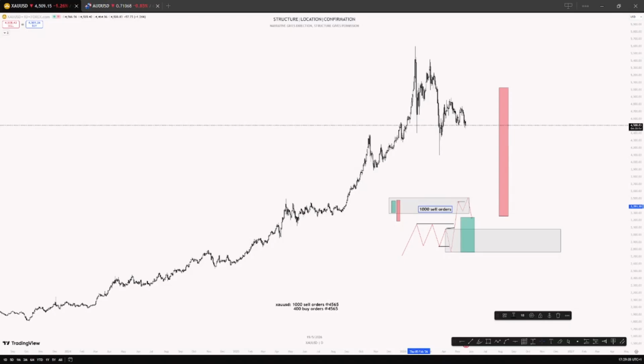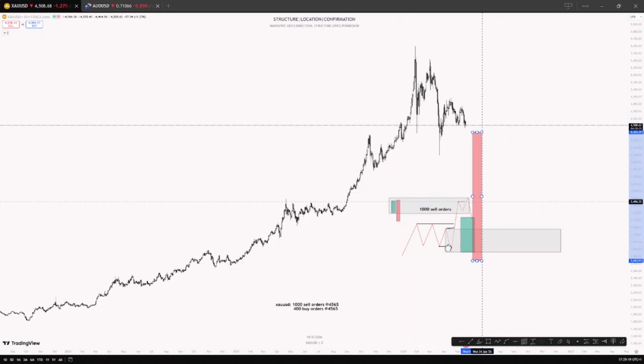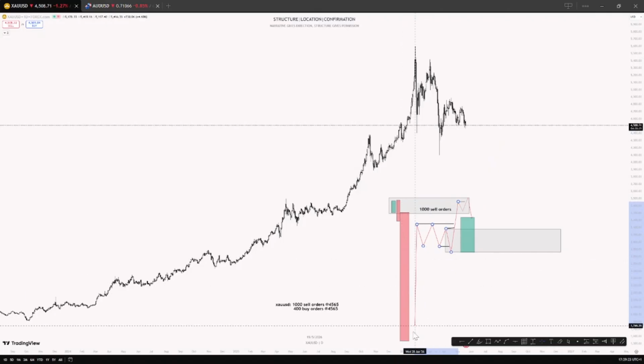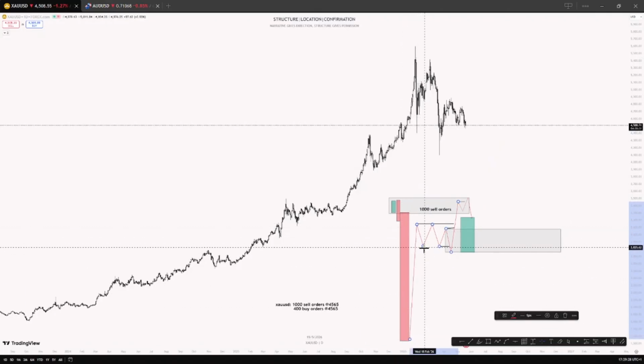A 1,000 unfilled sell orders rest inside of this supply zone, right? And this is a result of imbalance between the previous buyers and sellers within this range, and that is the reason why we had a push to the downside from this level.